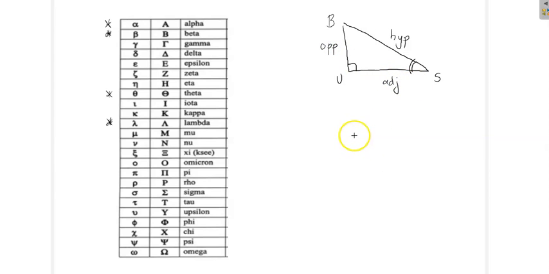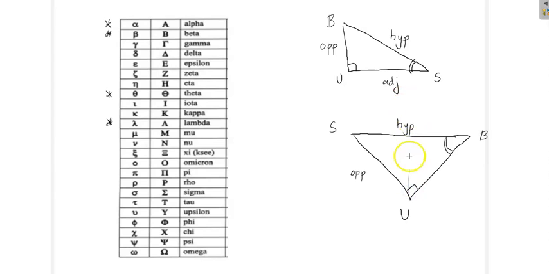If instead my bus is rotated slightly and maybe doesn't look very appealing here, we'll make that S and that B. And let's say I'm interested in this angle over here. This is my opposite. This is still my hypotenuse because it's directly across the 90 degrees. And this is my adjacent. And that's it for video number 2.